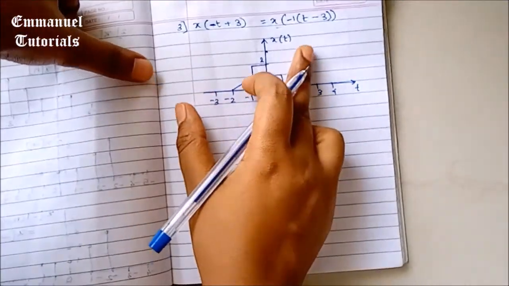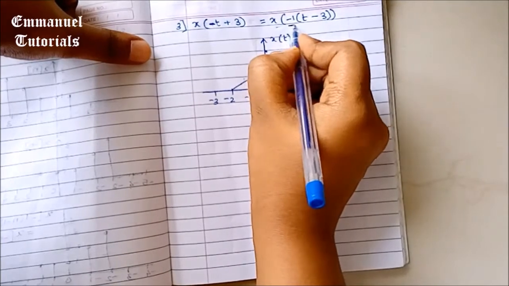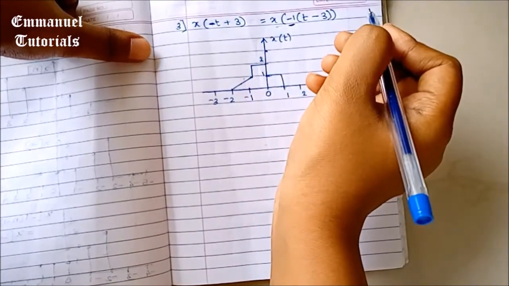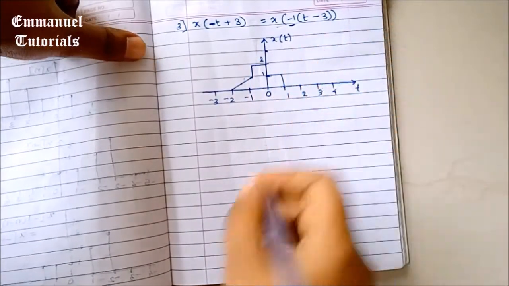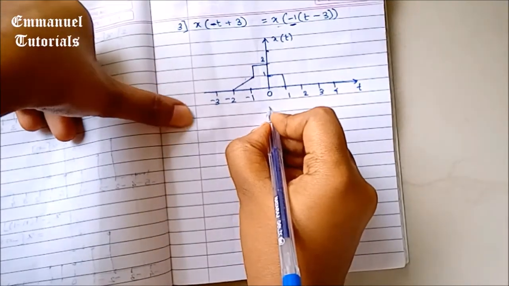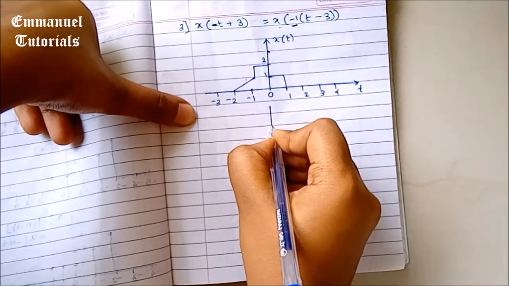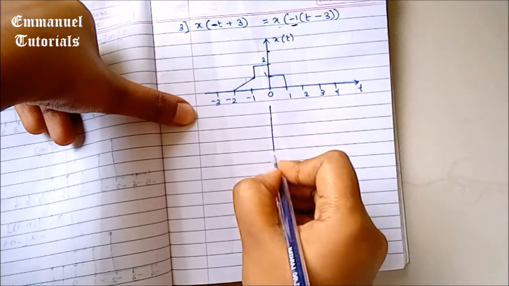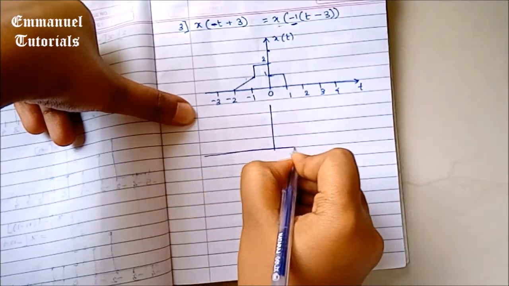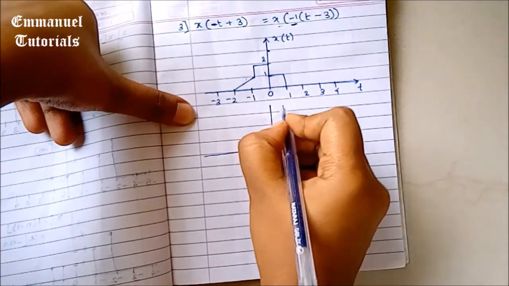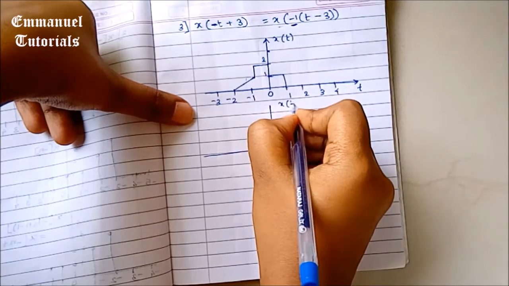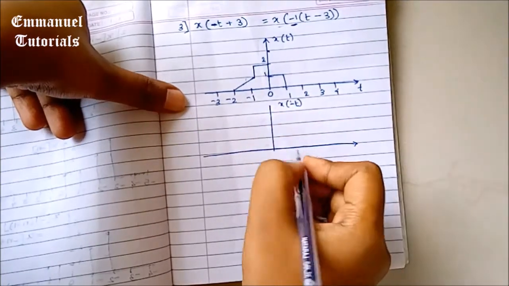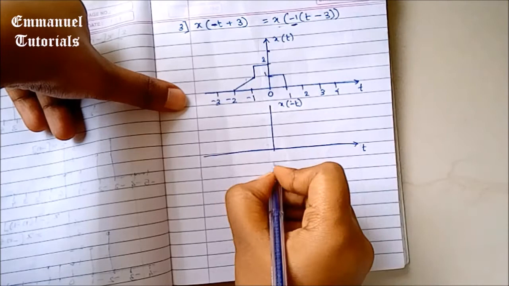Now what we'll have to do is, again first thing will be scaling. So scaling will be by minus 1. So minus 1 is as good as time reversal. So we have to perform the time reversal operation, that is x of minus t.